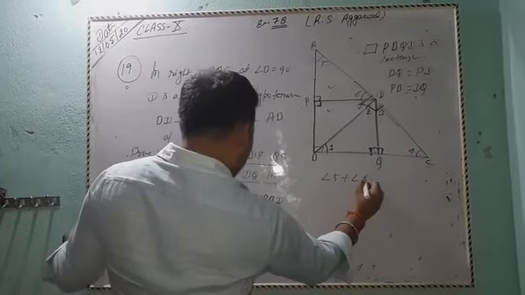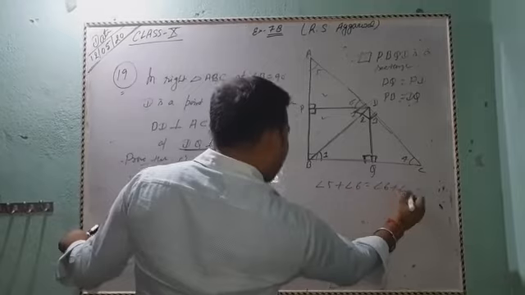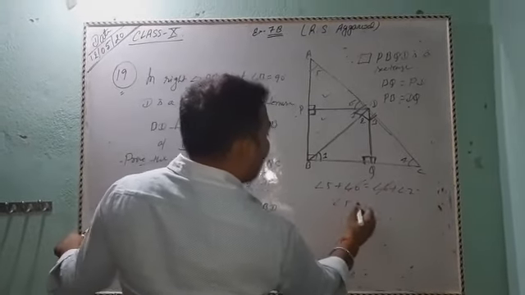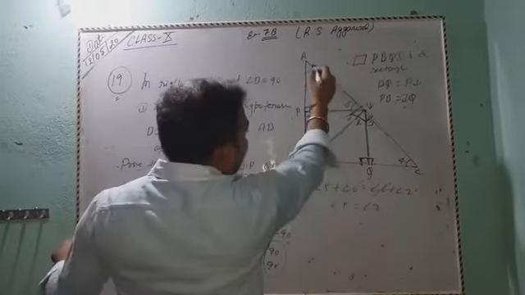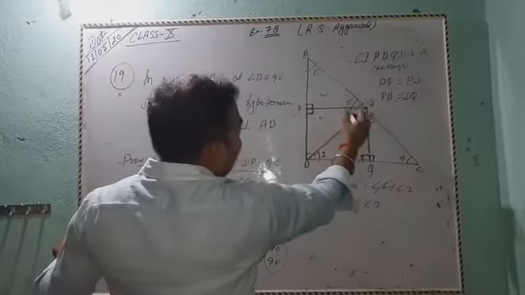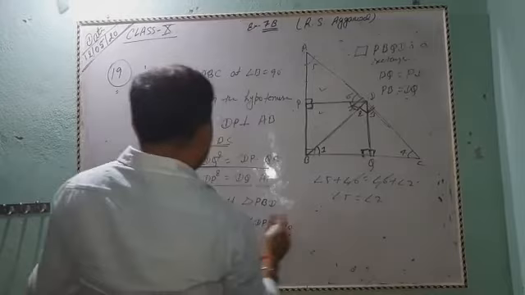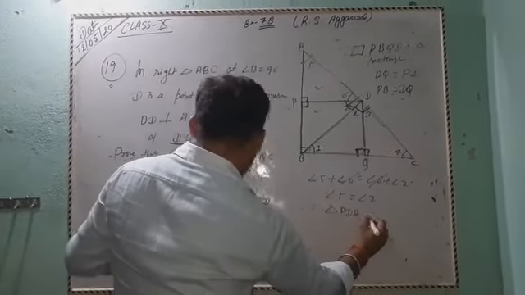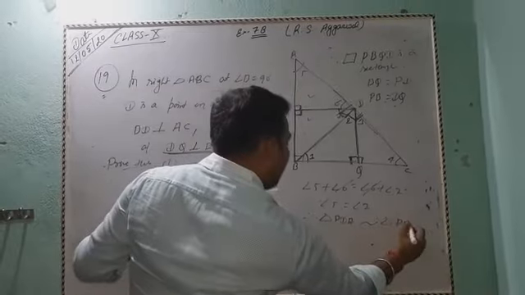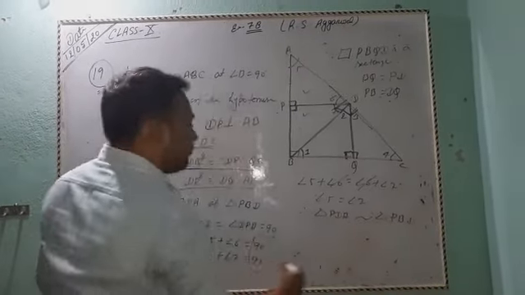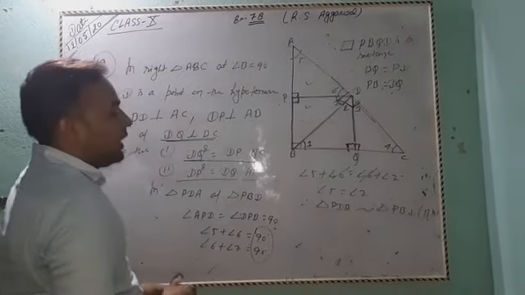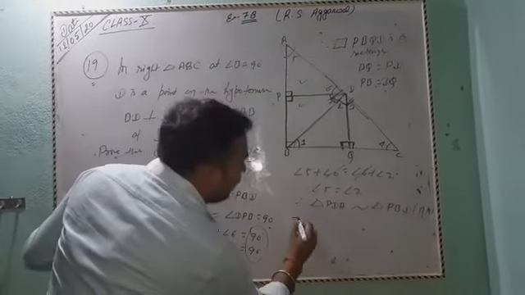Angle 5 plus angle 6 equal to angle 6 plus angle 7. Angle 6 cancels. Then angle 5 equal to angle 7. These angles are equal. Then triangle PDA is similar to triangle PBD. Okay, angle similarity, right?